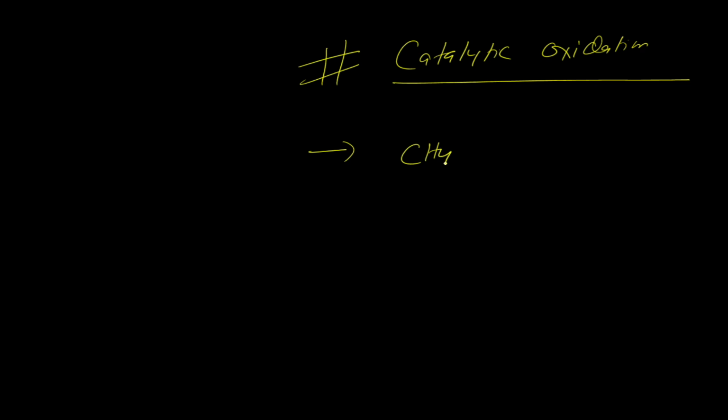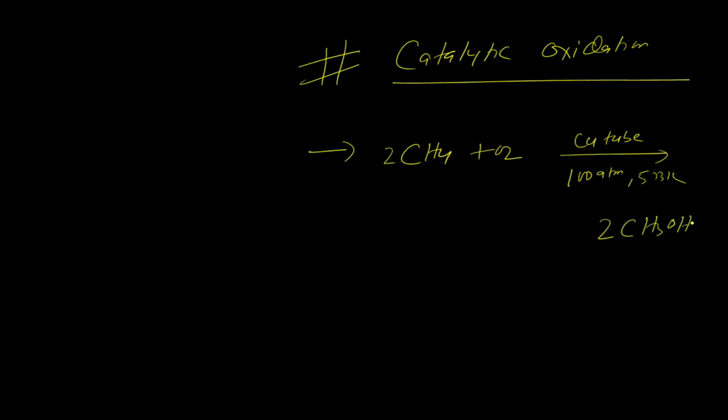Methane is oxidized in the presence of copper at 100 atm high pressure and 573 Kelvin temperature. Then it will give you the alcohol, CH3OH.